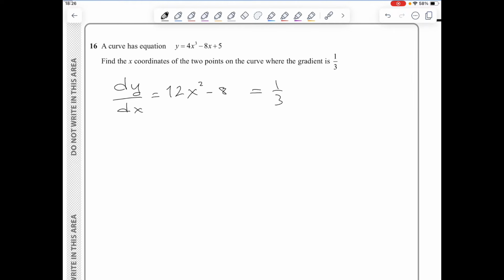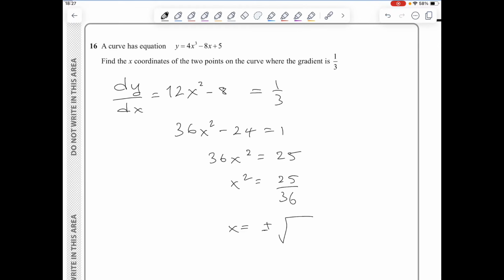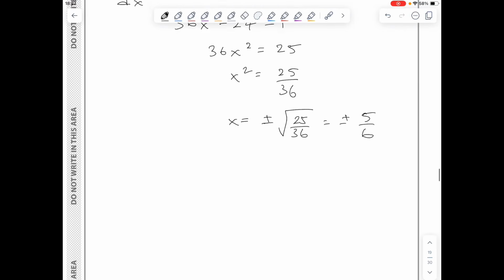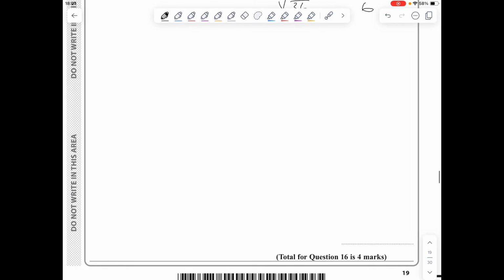Let's multiply everything by 3. So 36x squared minus 24 equals 1. So 36x squared equals 25. x squared is 25 over 36. So x is plus or minus the square root of 25 over 36, which is plus or minus 5 over 6. And those are the two possible values for the x coordinate.